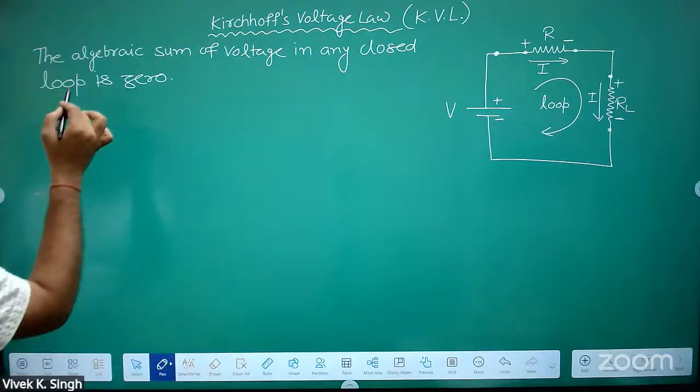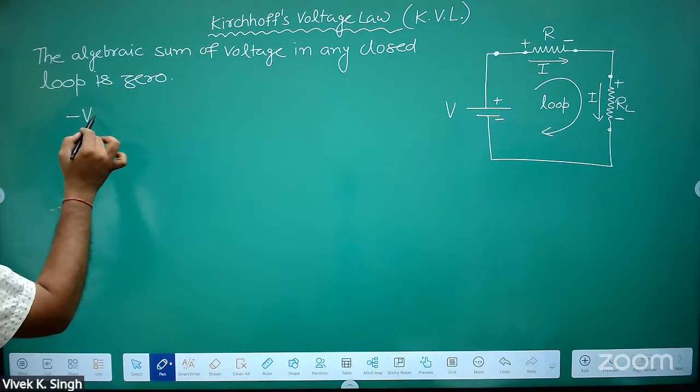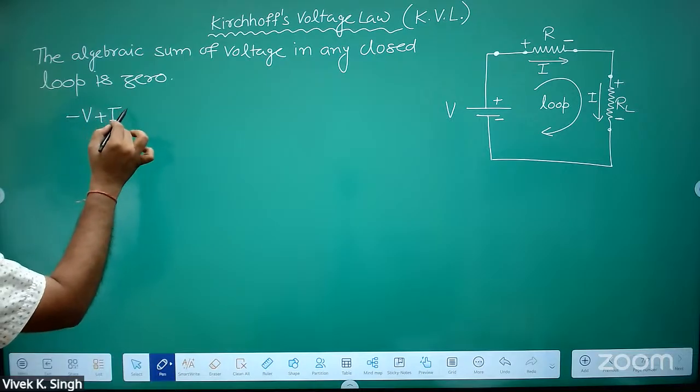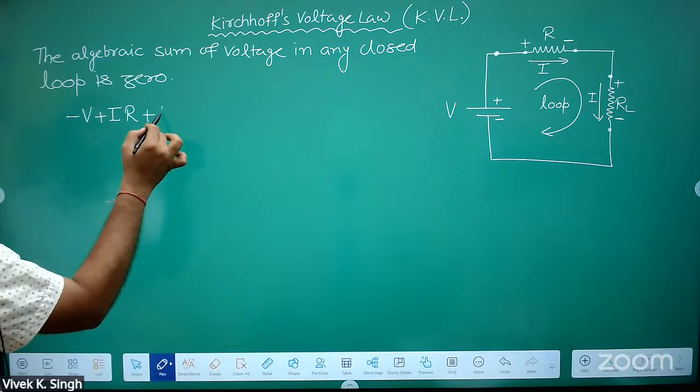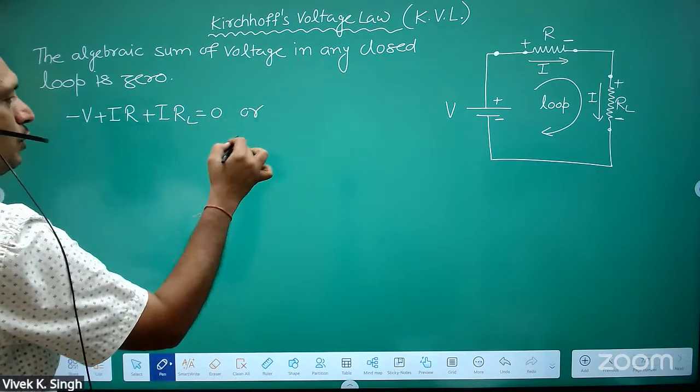So if you see the algebraic sum, let's start with voltage source. First I am taking minus V, then plus I into R plus I into RL. This will be 0.